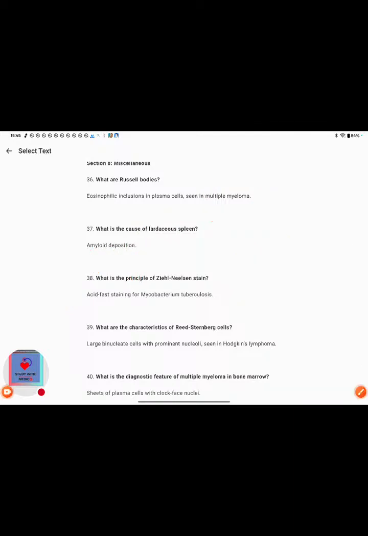So Russell bodies means there are eosinophilic inclusions. Eosinophilic means intense pink color. If a non-medical person asks you what is your favorite color, you tell me eosinophilic.